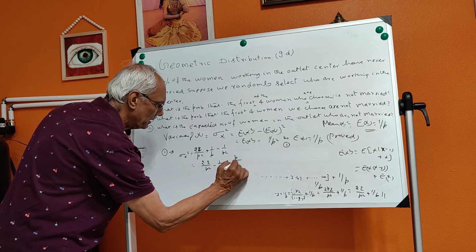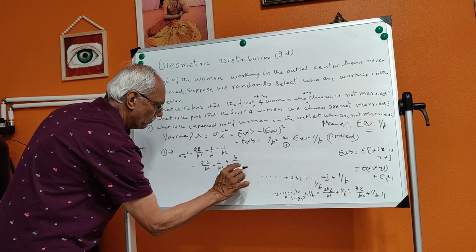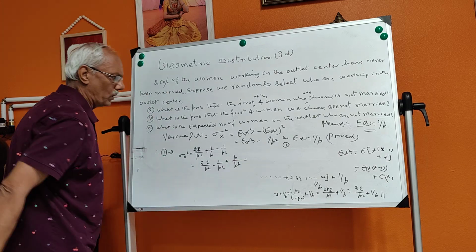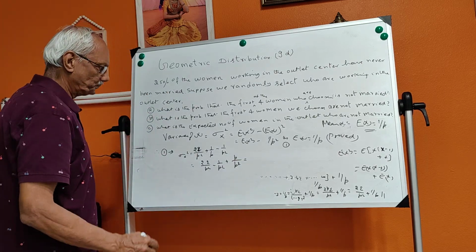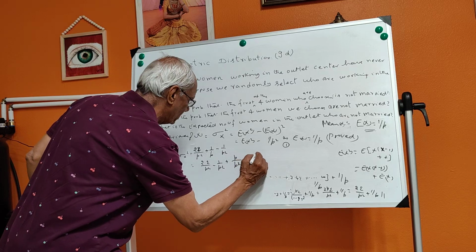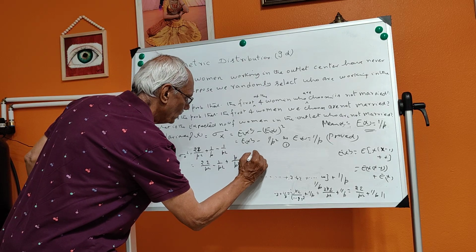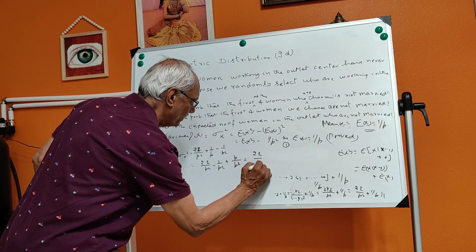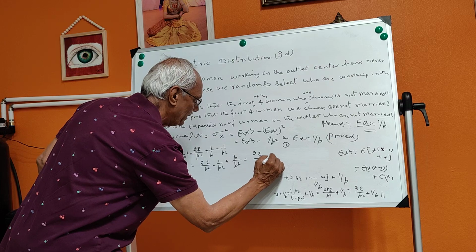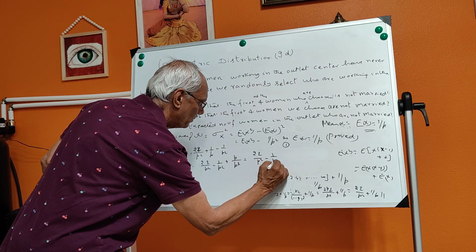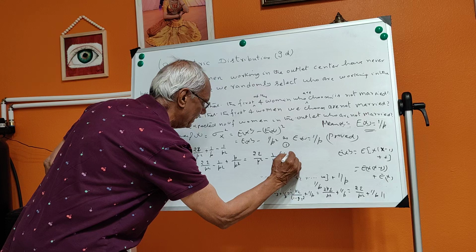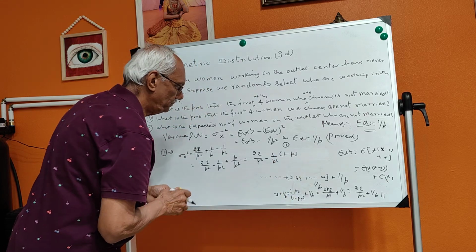I will write this as p by p squared. So what do we get here now? This is nothing but 2q by p squared minus 1 by p squared into (1 minus p).